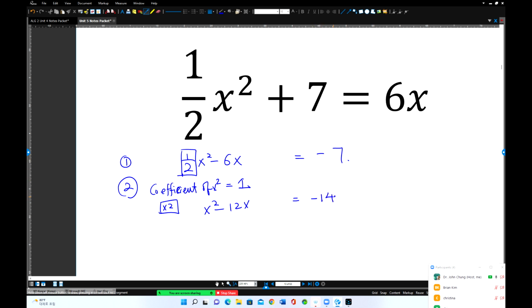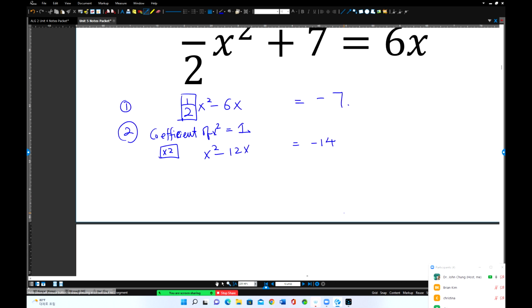This is our starting point. Okay, now from here we can complete the square. We're gonna add some number to make a perfect square trinomial. Negative 12 divided by 2 and squared, right? Negative 6 squared is 36. You can add 36 to the right-hand side. But this trinomial is replaced with a perfect square.